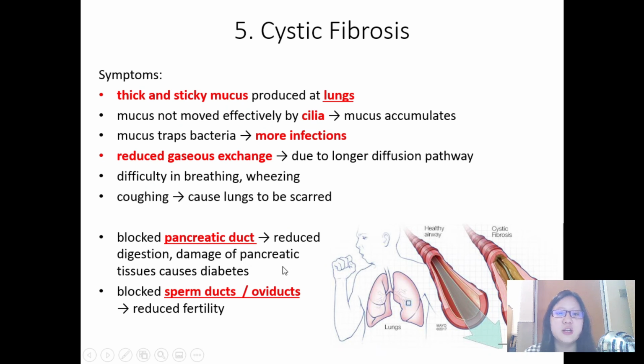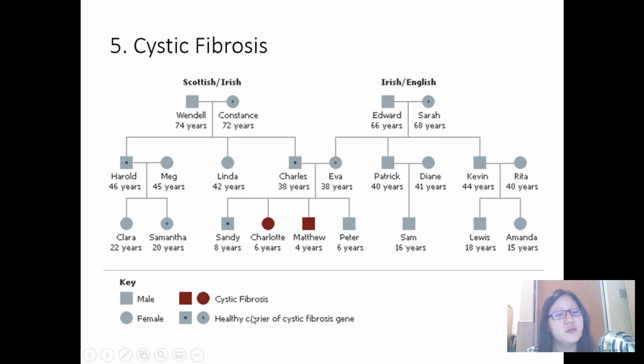So in addition to their wheezing and breathing difficulties, they may need to take some enzymes orally in order to help with their digestion. The last one is quite sad as well, blocked sperm ducts or oviducts, because you do know that our reproductive organs do have some mucus secretion, right? So everywhere with mucus will be affected here, and in this case, for sperm ducts and oviducts, this will result in reduced fertility.